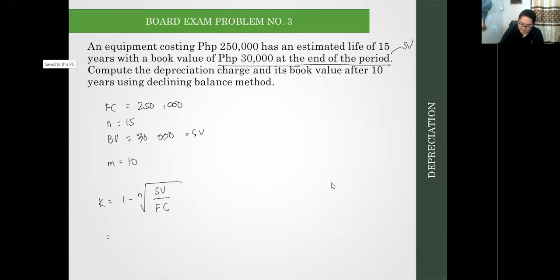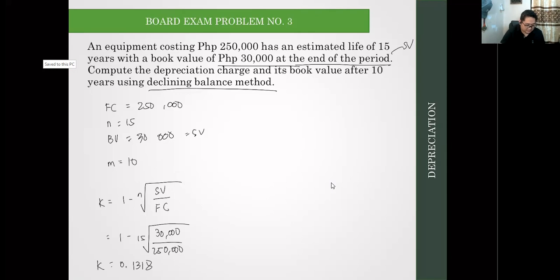So, 1 minus, yung N natin is 15. 15th root of 30,000 over yung FC natin is 250,000. So, using calc, ang value natin dito will be 1 minus 15th root of 30,000 over 250,000. That is 0.1318%. Okay? And kapag declining balance method tayo, para tayong gumagamit nung sa compound interest.